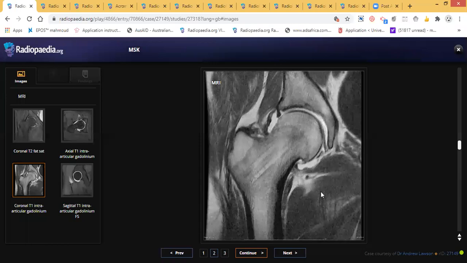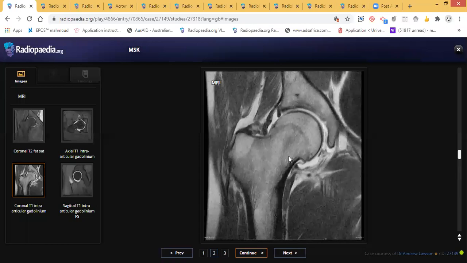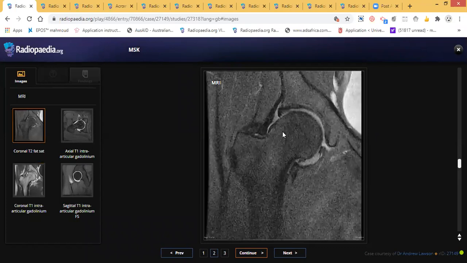When you have this image where the femoral head-neck junction is short, like this case, and you find some bumpy appearance or maybe some swelling here, you are thinking about FAI, or femoroacetabular impingement.